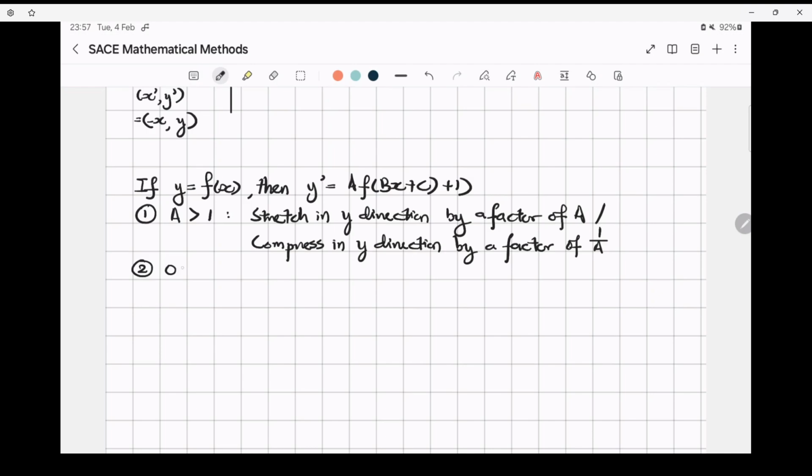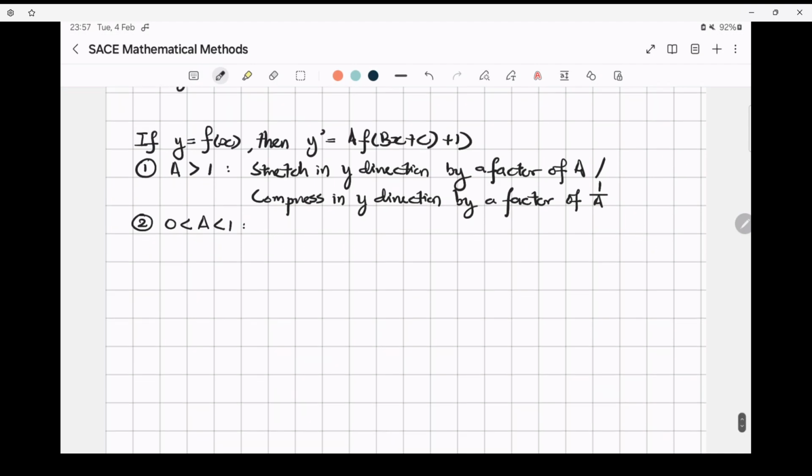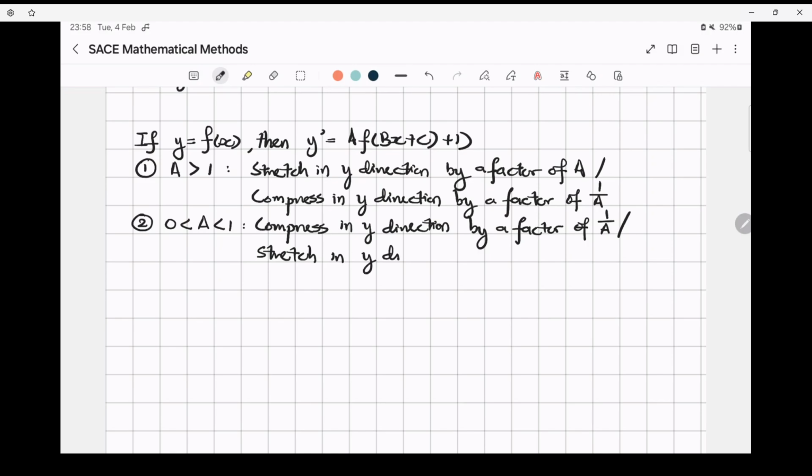So if your a is between 0 and 1, this will be a compression in y direction by a factor of 1 over a. You can also say that this is a stretch in y direction by a factor of a.